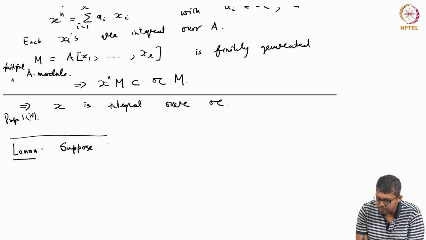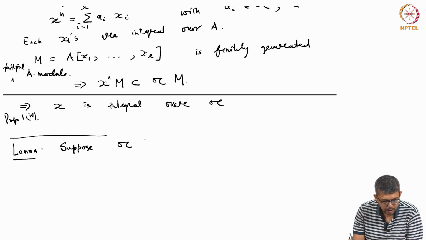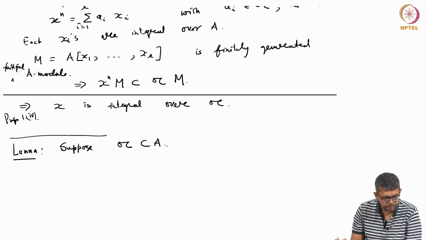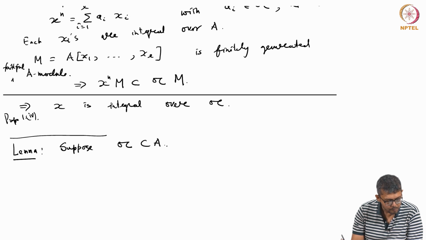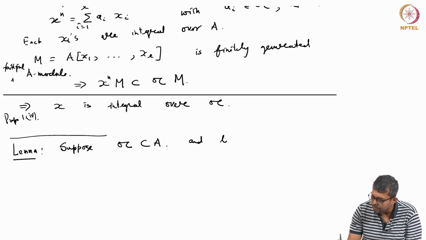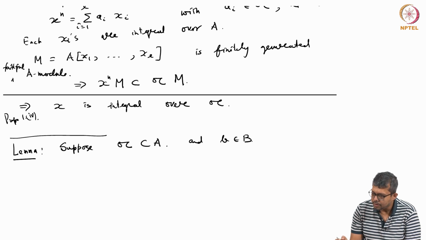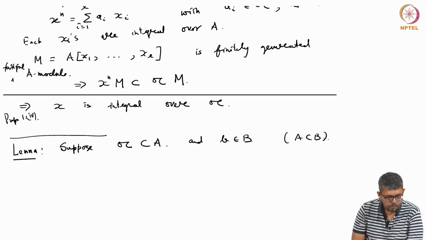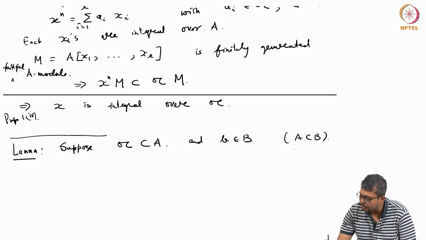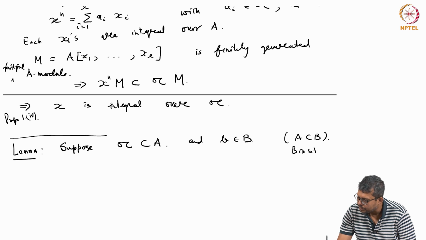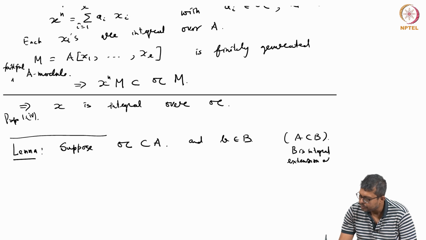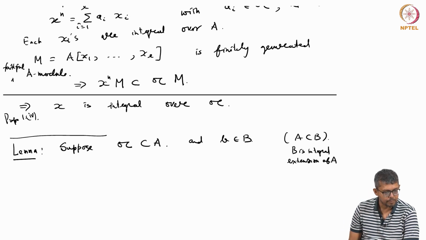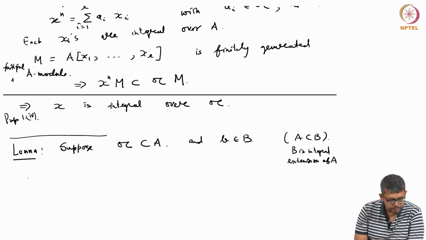Suppose A is an ideal in A and B belongs to B, where A is a subring of B, and B is an integral extension of A. Then the following are equivalent.